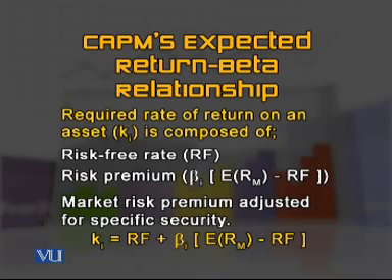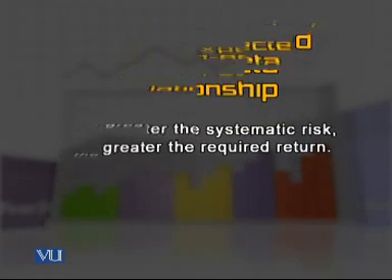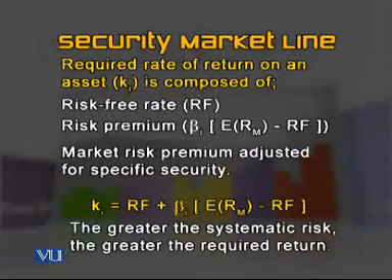A quick glance at the equation will make things clear to you. And once again, the required rate of return will be the risk-free rate of return and the risk premium, which will help clear matters in your minds about the return-beta relationship, because the greater the systematic risk, the greater the required return.